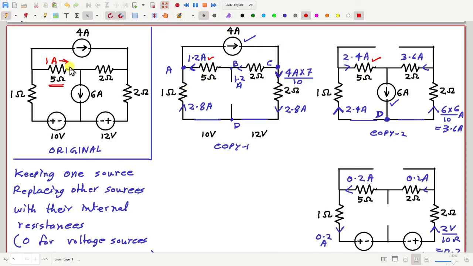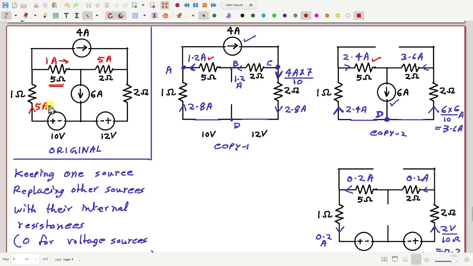Similarly, between B and C, that means through the 2 ohm resistance, the current will be 5 ampere. And then through this 1 ohm resistance, 2.8 plus 2.4, that means 5.2 minus 0.2, 5 ampere.